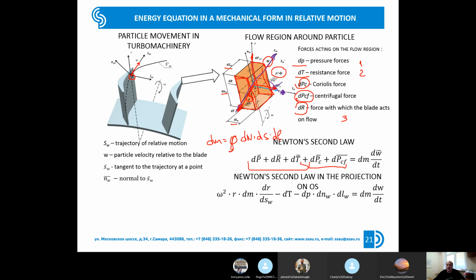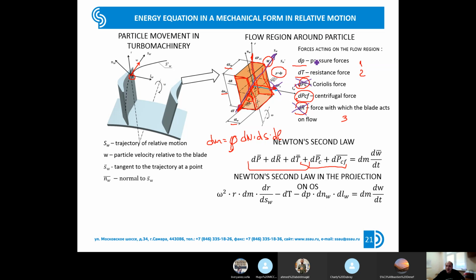That's why we neglect it. The second moment: in relative motion, the forces with which the blade acts on the flow do not create specific work. That's why we will not take this force into account, because it does not produce specific work in relative motion.